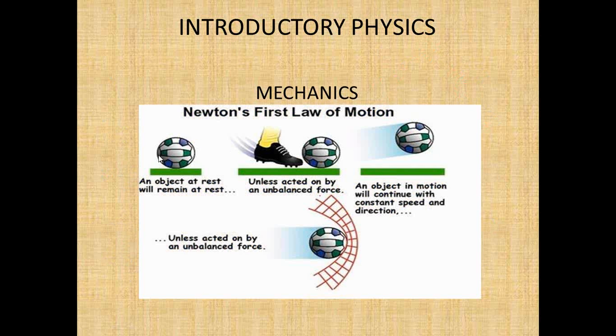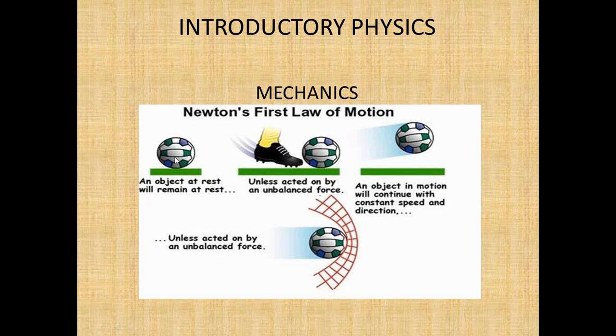So, soccer. This is a soccer ball, or in other circles, this is a football. So if the ball is on the turf, it is an object at rest. It's going to stay there if there is no outside influence.